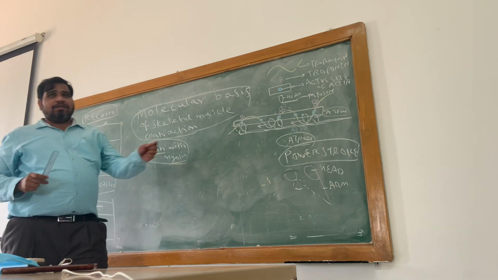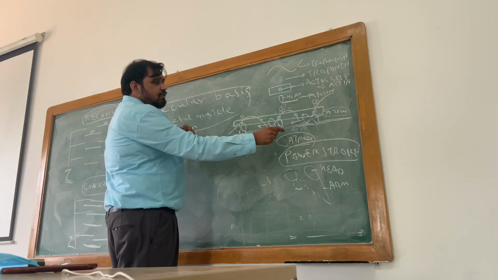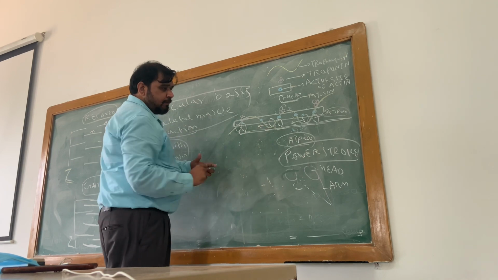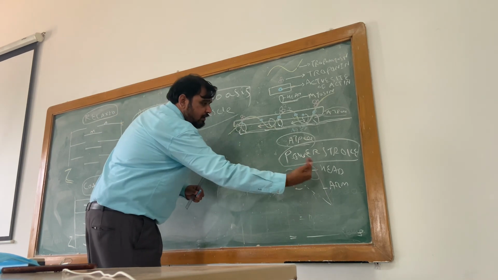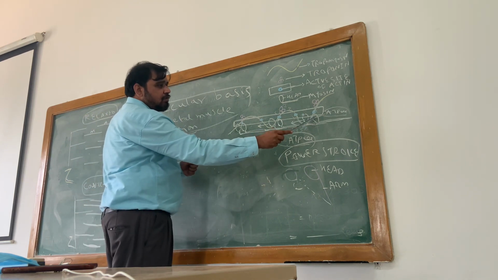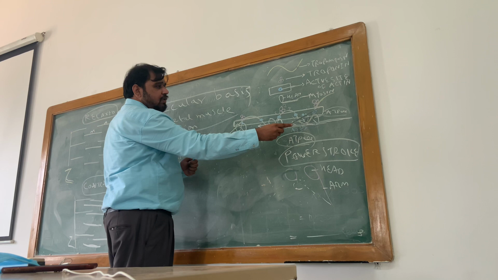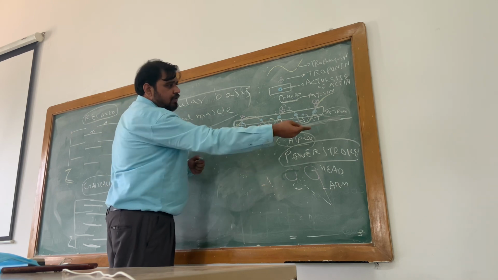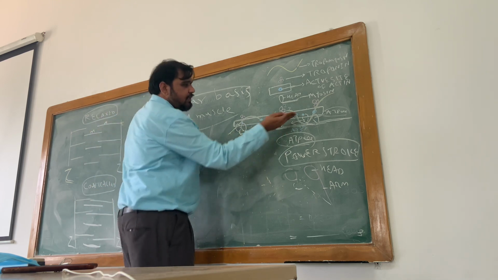I again repeat, the myosin head is switching ATP. Because of this, the power stroke takes place, that is, bending of the head towards the arm. So this head has come here. Because of the head coming here, the active site has also come here. Now this head will go back to its original position as ATP enters.